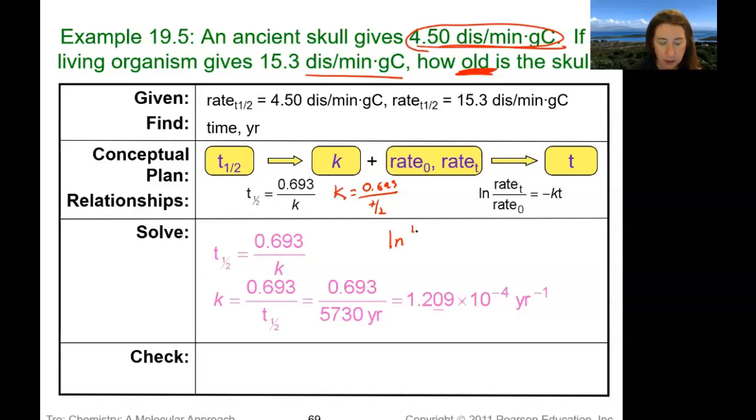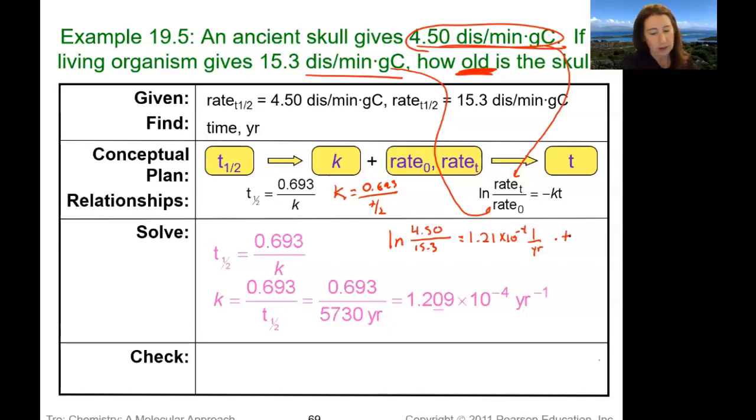So this is going to be 4.50 over 15.3, because at some time, I don't know at what time, it gave off this; now, it's this. Equals k, 1.21 times 10 to the negative 4th, 1 over years, times T. And this is obviously going to be in years.